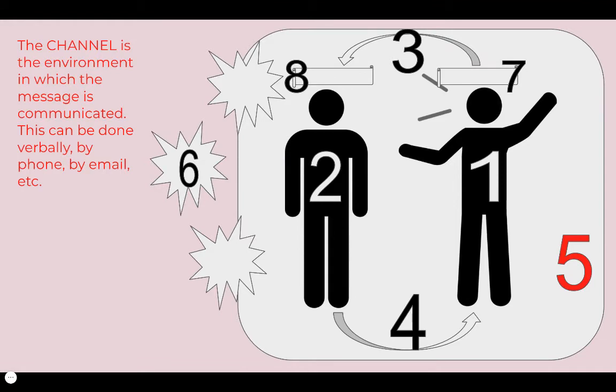If you are sending your mom a text message to remind her about your practice after school, the channel is the phone communication. If you are leaving a Post-it note on the counter for your dad to remind him to pick you up after school, these are all channels of communication, the avenue with which you choose to communicate with the speaker.